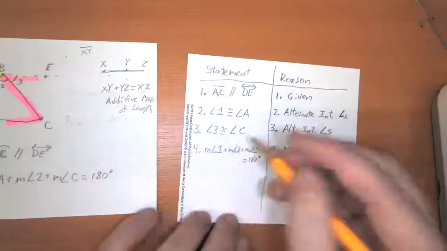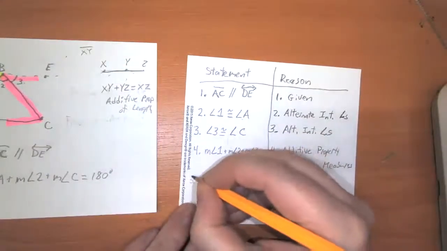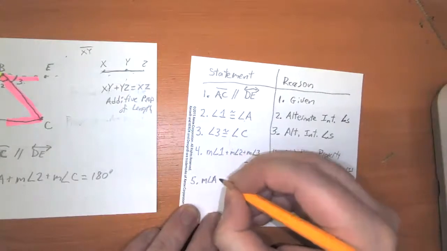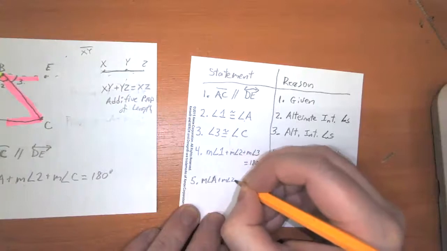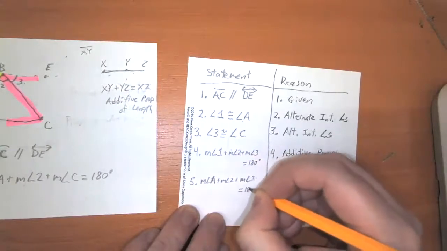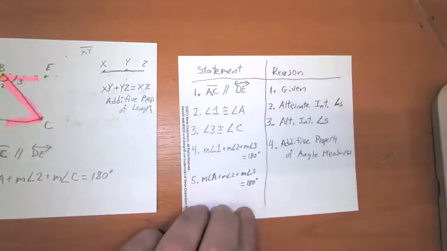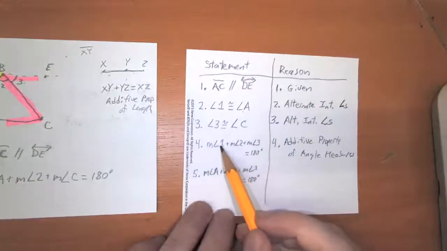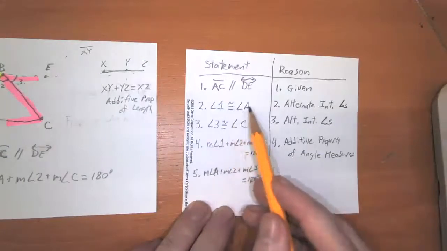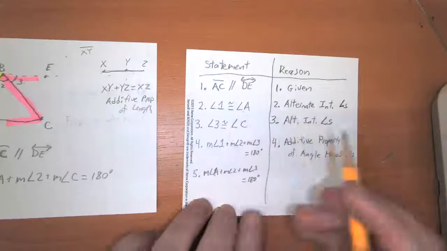So what I'm going to do is I'm going to write this. I'm going to say the measure of angle A plus the measure of angle 2 plus the measure of angle 3 is equal to 180 degrees. All I did was take out angle 1 and replace it with angle A, which I can do because they're congruent to each other.